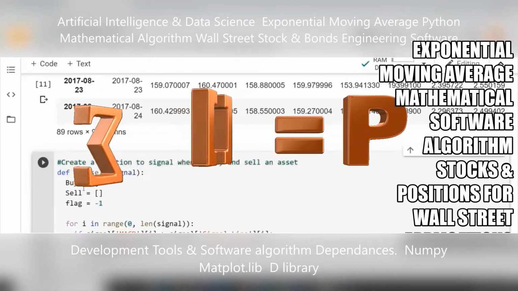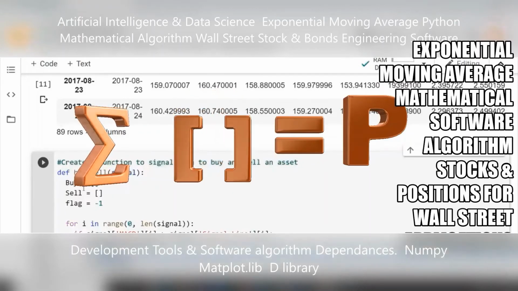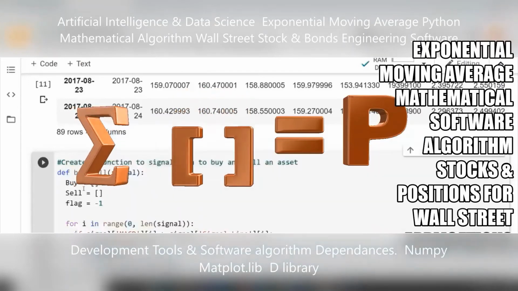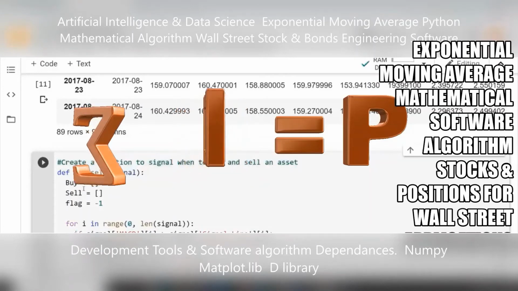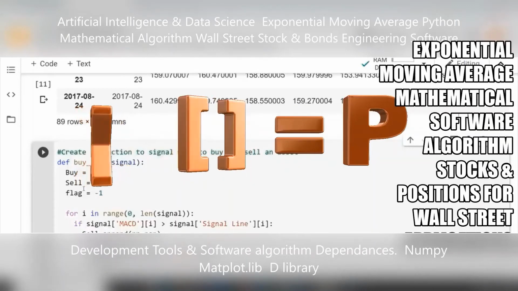That is, the exponentially weighted moving average reacts more significantly to recent price changes than a simple moving average, which applies an equal weight to all observations in that period.